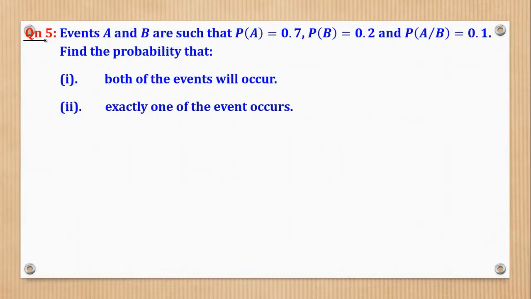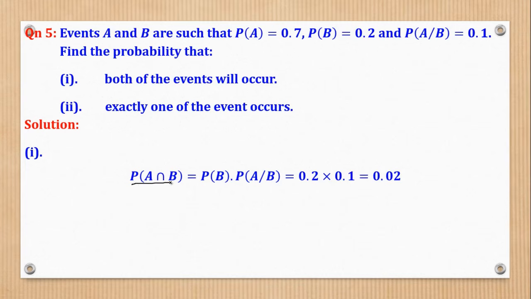So now we shall go to question 5, which says that events A and B are such that probability of A is 0.7, probability of B is 0.2, probability of A given B is 0.1. Find the probability that Roman 1, both of the events will occur, and Roman 2, exactly one of the events will occur. So we shall start with Roman 1, both, which is intersection.